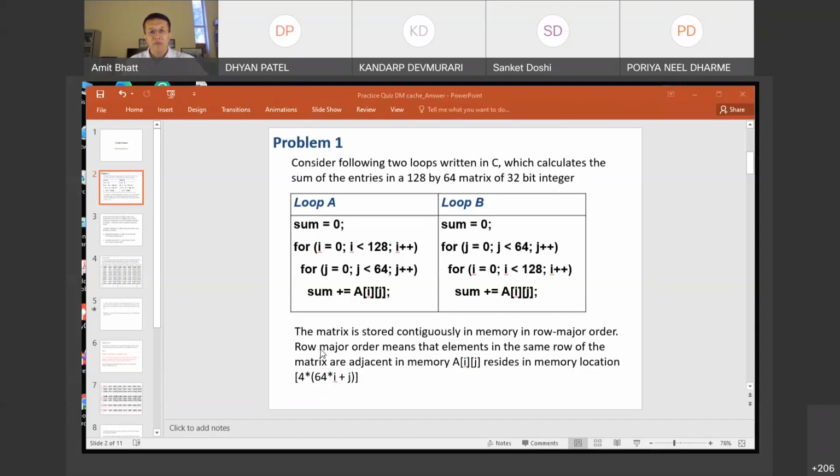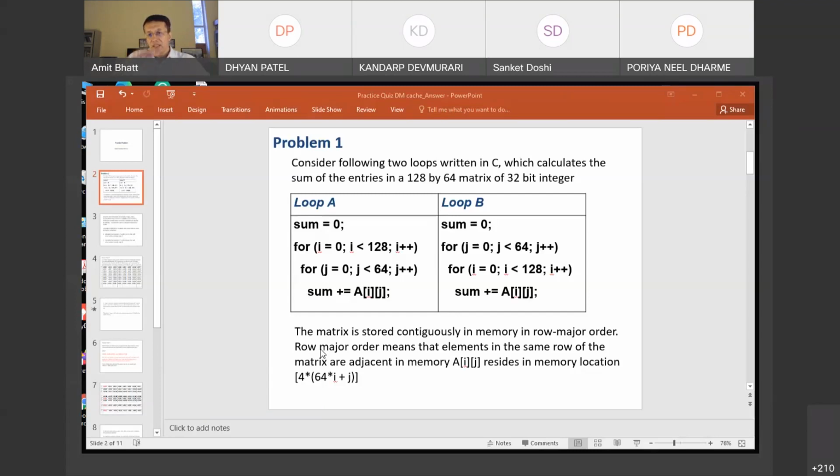But the one which I would like to draw your attention to is that the matrix is stored contiguously in memory in row major order. Now, this is not a statement which is specific to this particular problem. In programming languages like C, C++, or Python, the matrix is always stored in a row major format.